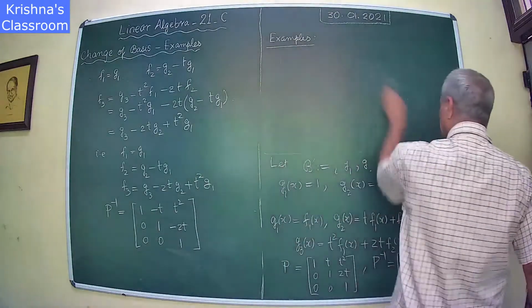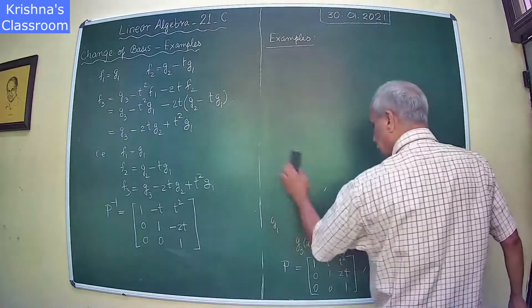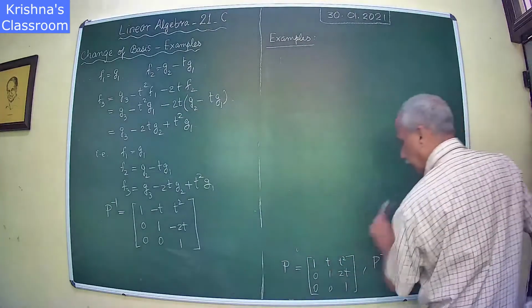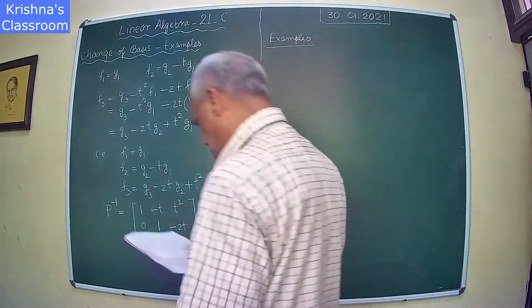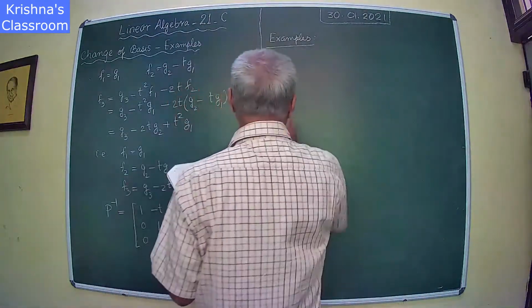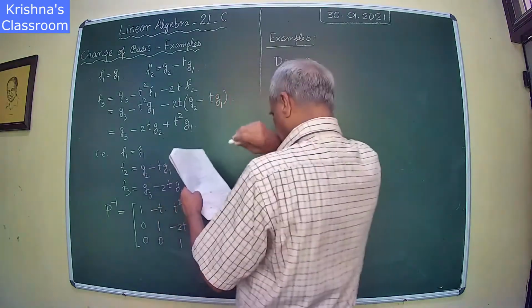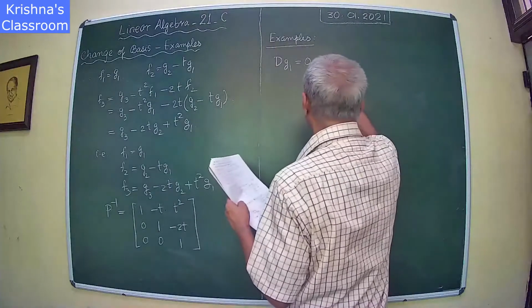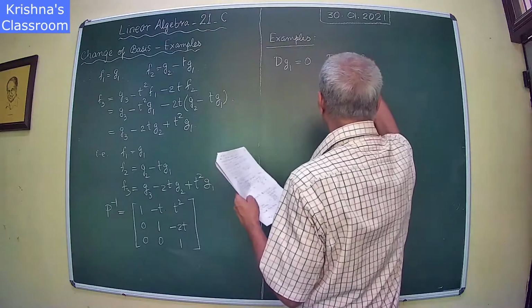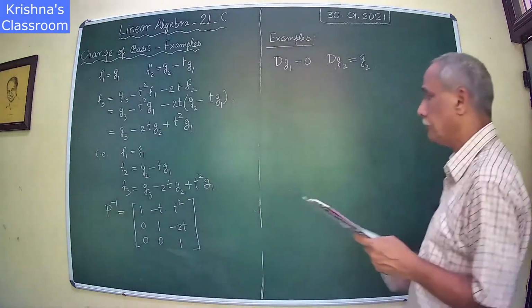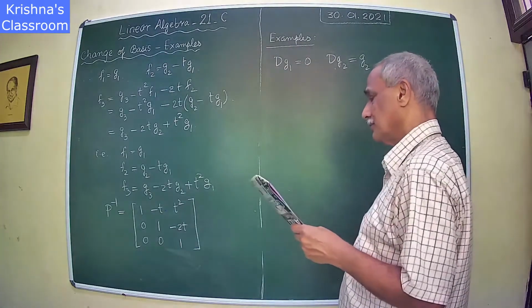Now the next task is to compute D with respect to the ordered basis B prime. Okay, let us go. You easily see that D of G1 equal to 0. Now D of G2 computes with G2, because it's x plus t, you are just differentiating it, so you get 1.